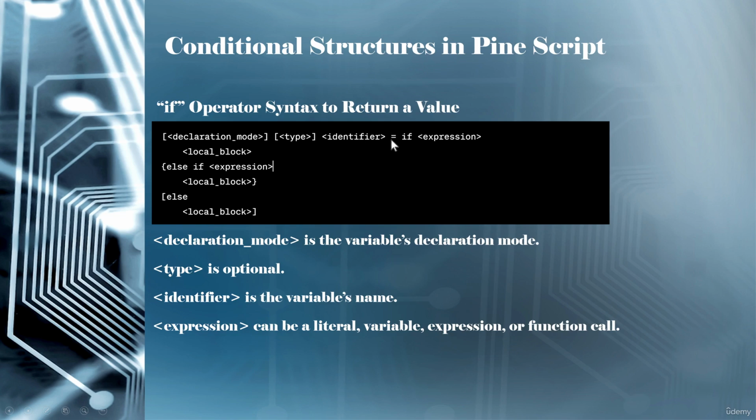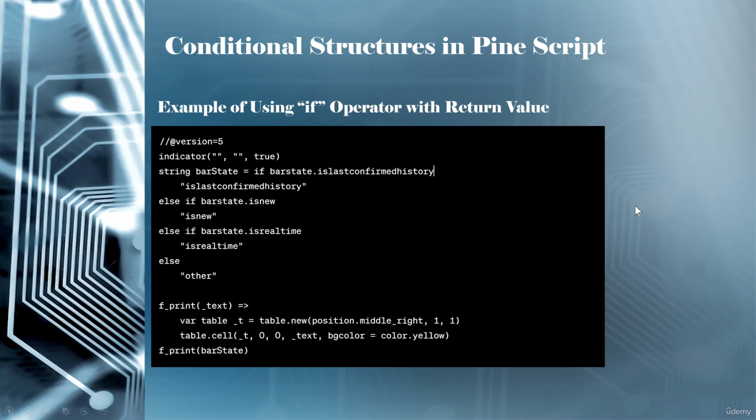When we need our if operator to return a certain value depending on certain conditions, and we need that value to be assigned to a certain variable, we use this syntax. Now let's review an example of using the if operator with a return value.